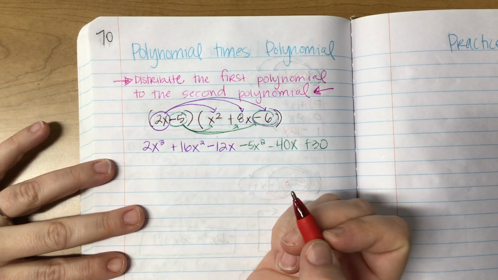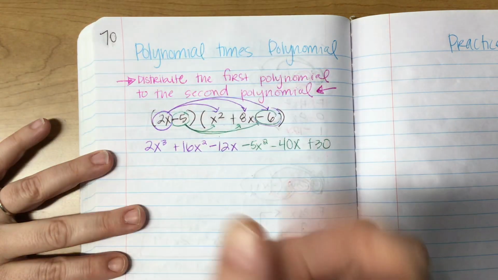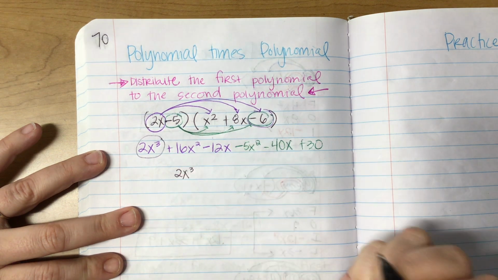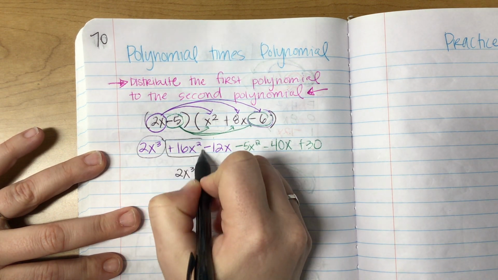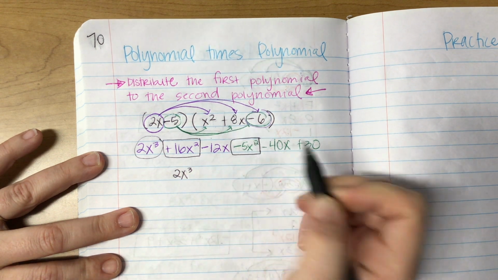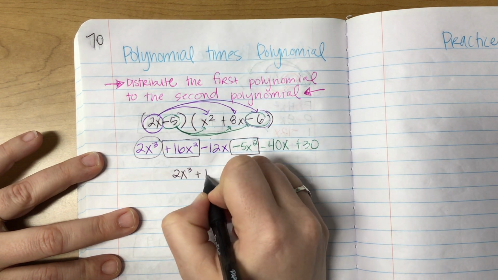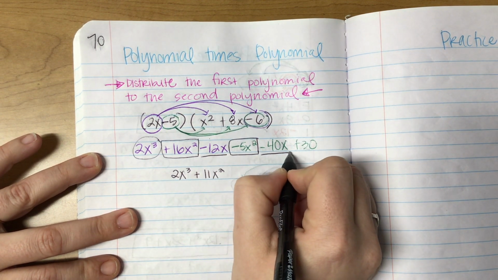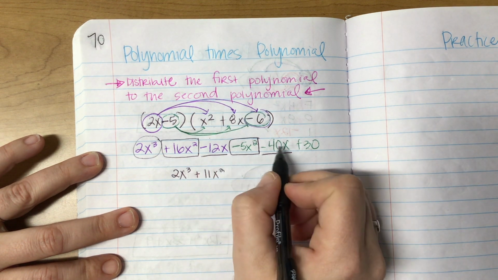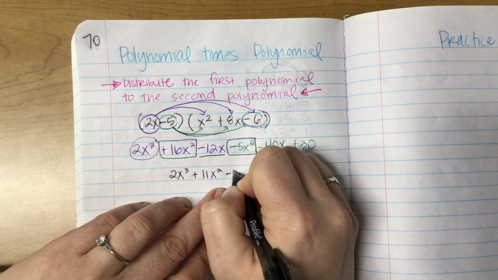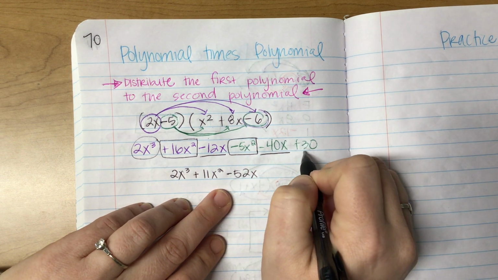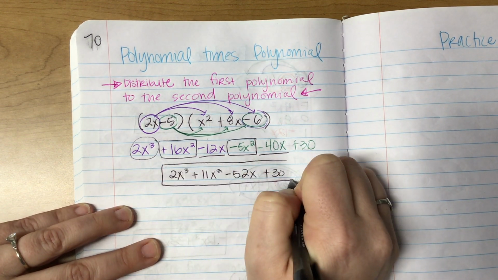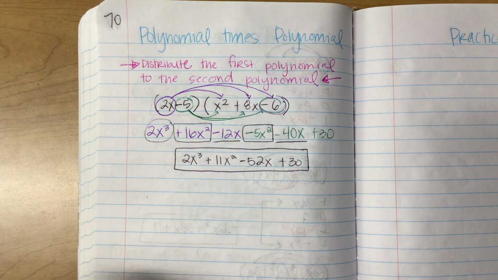So I look to see for like terms, and I have x to the third, so 2x to the third. I have 16x squared minus 5x squared to get positive 11x squared. I have negative 12x minus 40x, which is negative 52x. And then last but not least, I have plus 30. So I have my final answer.